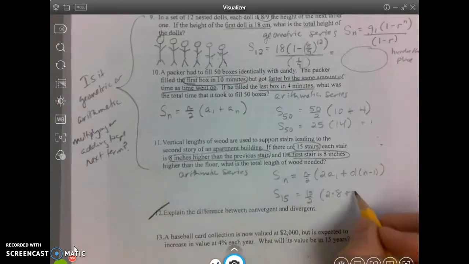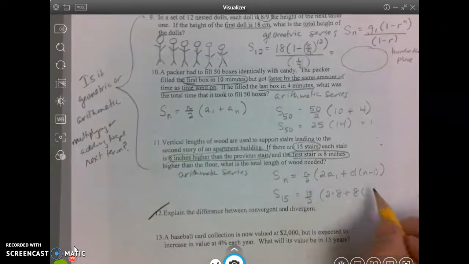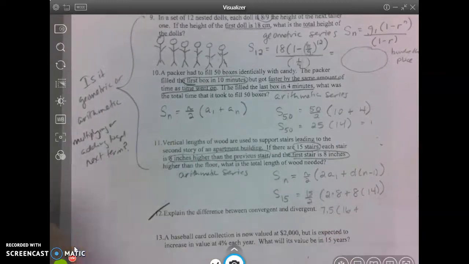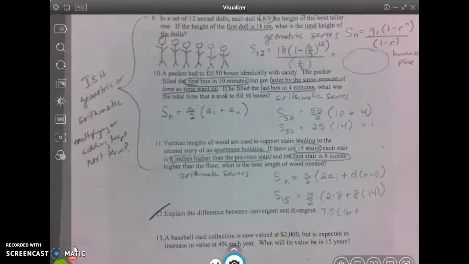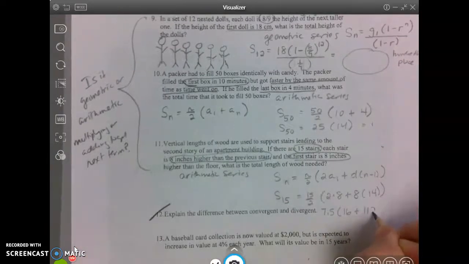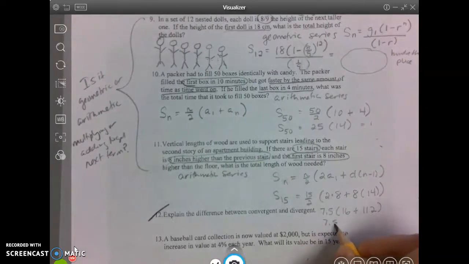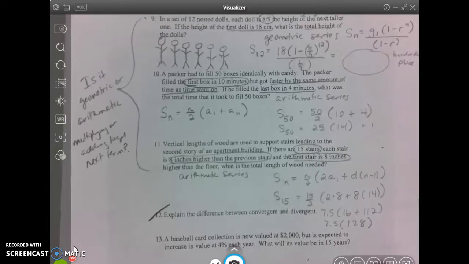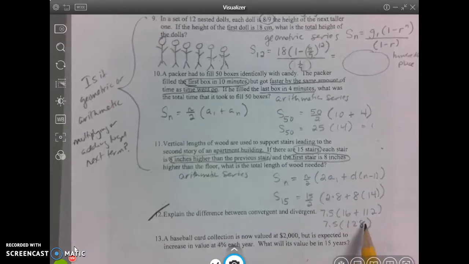Plus, we're going to get 8 inches higher each time, n minus 1. 15 minus 1 would be 14. So I've got 7.5 times 16 plus, let's use my calculator, 8 times 14, 112. I'm going to have 7.5 times 128. And that will give me my answer for the total length of wood needed.